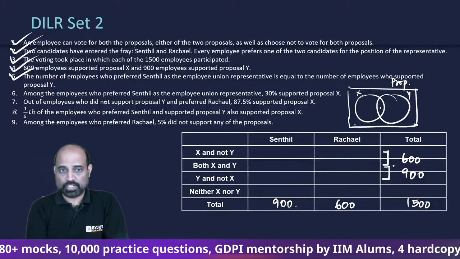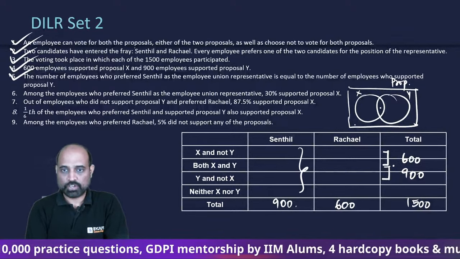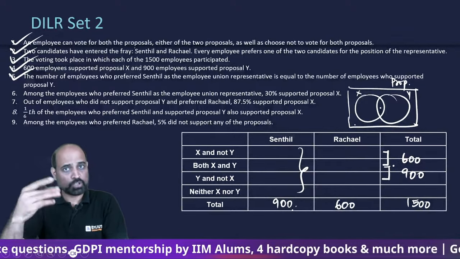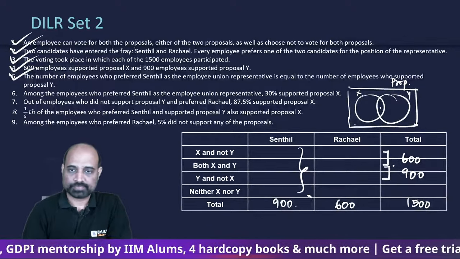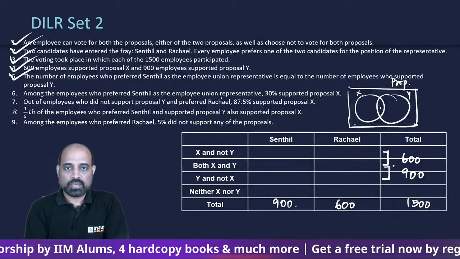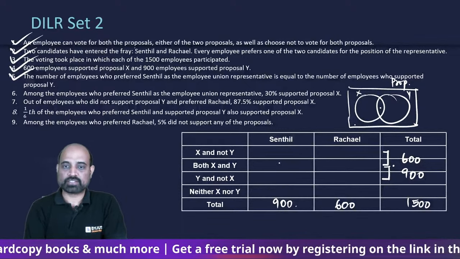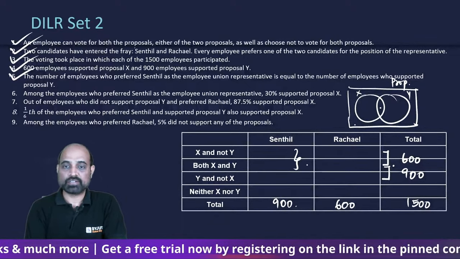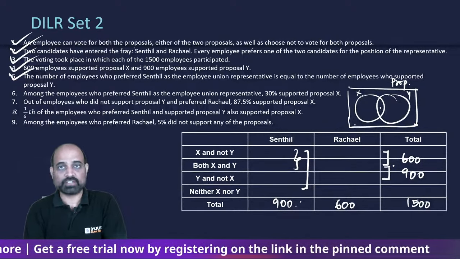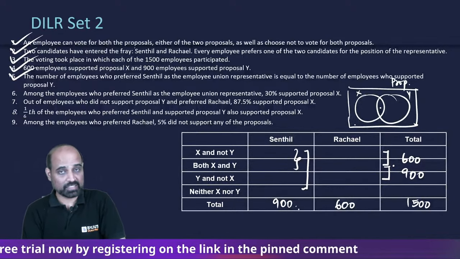Okay. Let's be careful now. Among the employees who preferred Senthil, so we're talking about these people. These are the employees who preferred Senthil. 30% supported proposal X. So see, this is entirely 900, the number of people who supported Senthil.